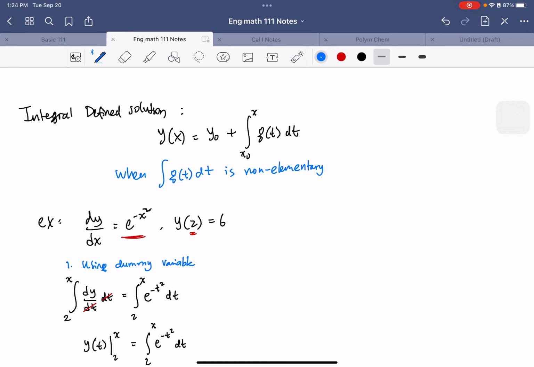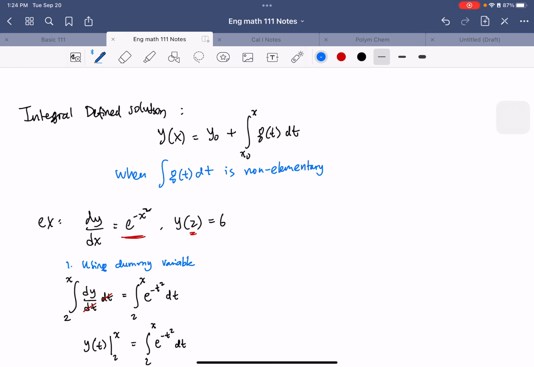So how do we solve this in the differential equation? We need to include a third variable, the dummy variable. Like in our calculus, we usually use this dt with the fundamental theorem of calculus, if you remember. The same thing here. We separate the equation using the separable technique, and then integrate both sides.